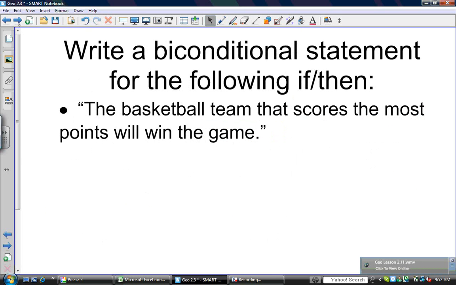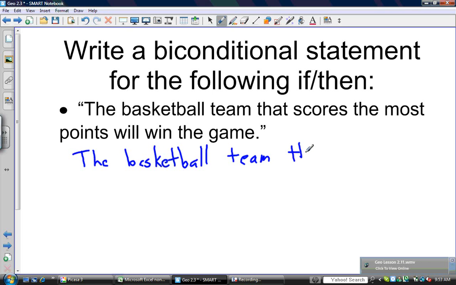That's the conditional. To say that both of them depend on each other, what we say is the basketball team that scores the most points will win the game.